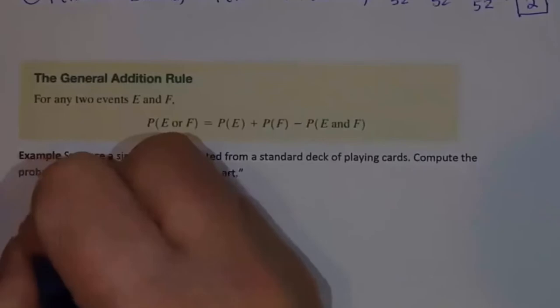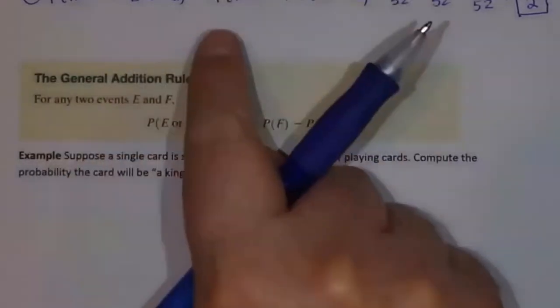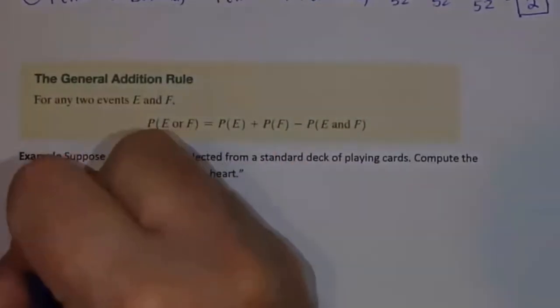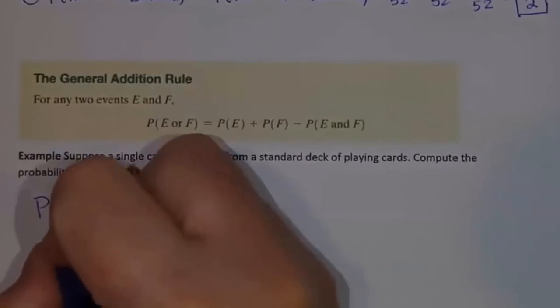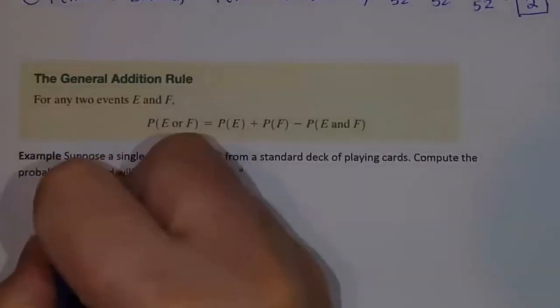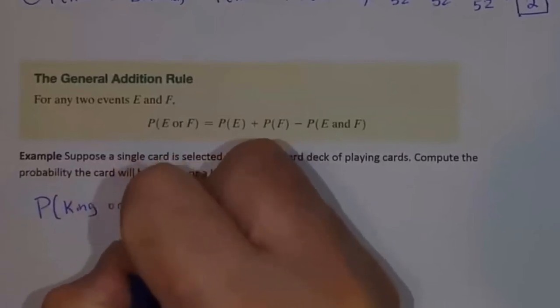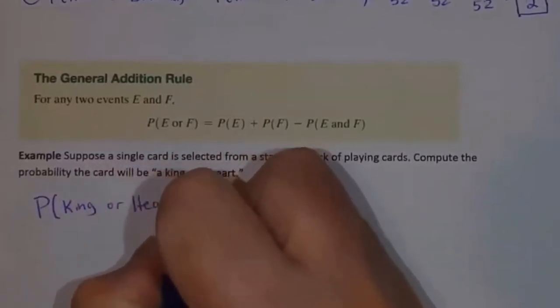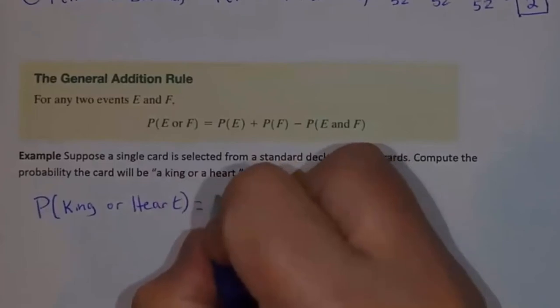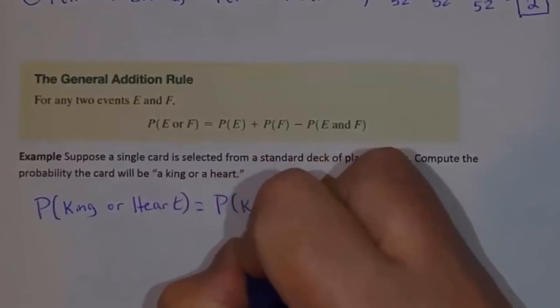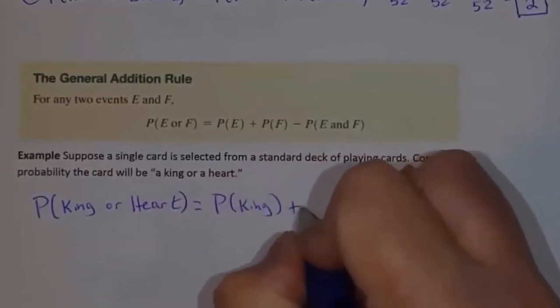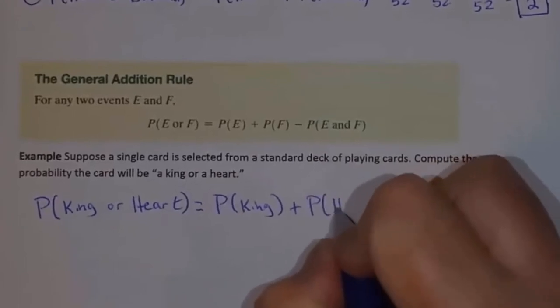So the temptation is to use the same rule we just used up here. So we would say the probability of king or heart, and again, the temptation might be to just add those together. The probability of king plus the probability of heart.